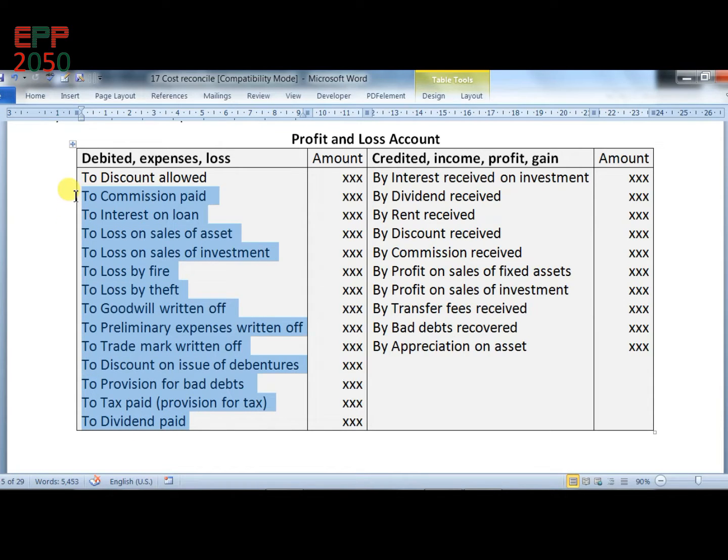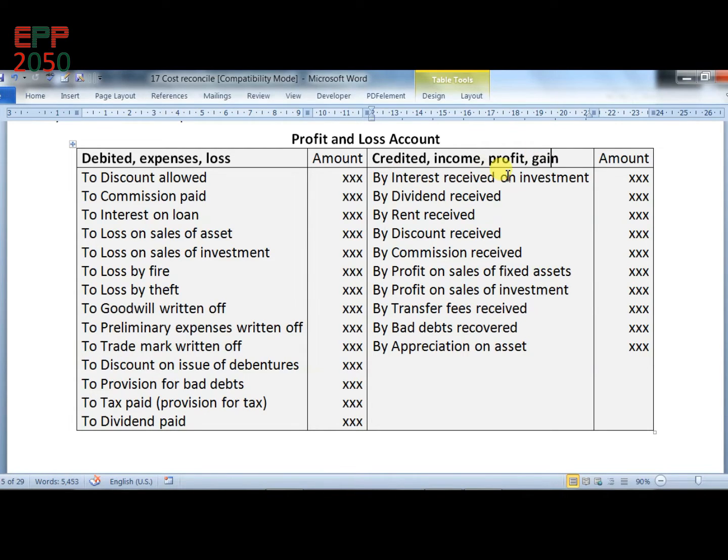These transactions are only recorded in financial account. They are the expenses. Now go for the credit side. In the question you will find credited, income, profit or gain.